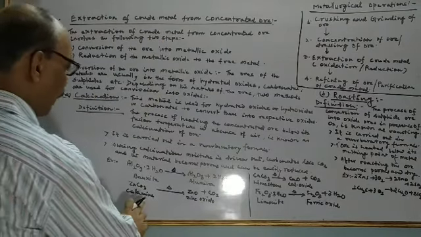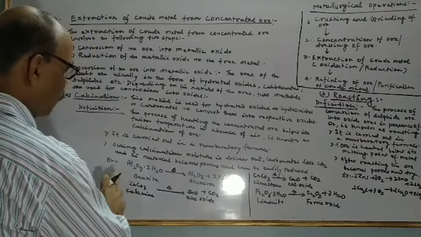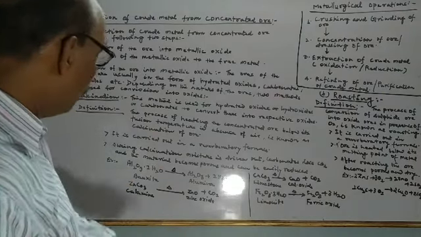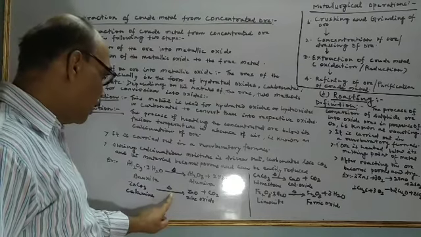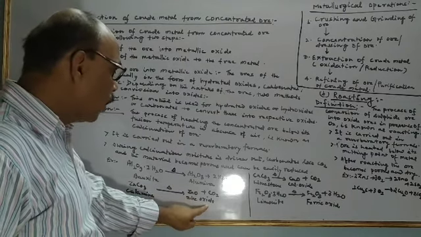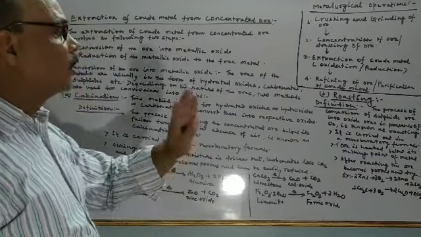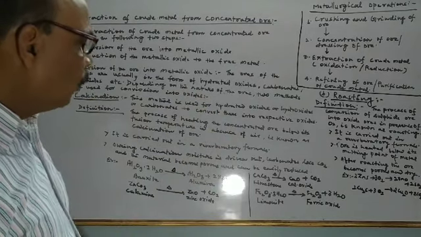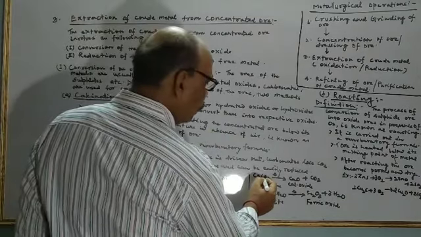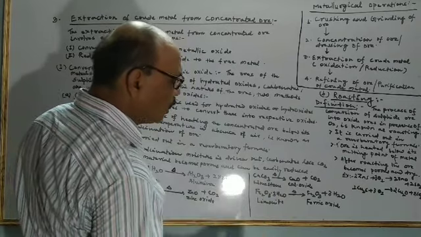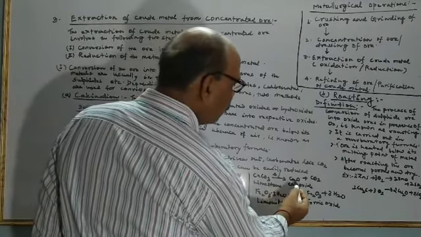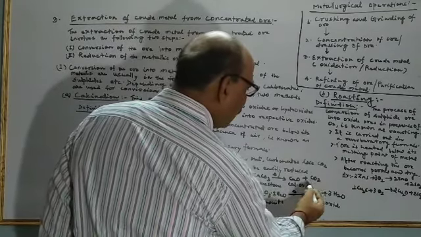Likewise, calamine, which is the carbonate ore of zinc, on heating gets converted into zinc oxide and evolves carbon dioxide gas. Likewise, limestone, the carbonate ore of calcium, on heating gives calcium oxide and carbon dioxide.